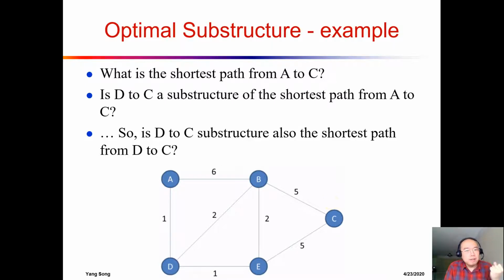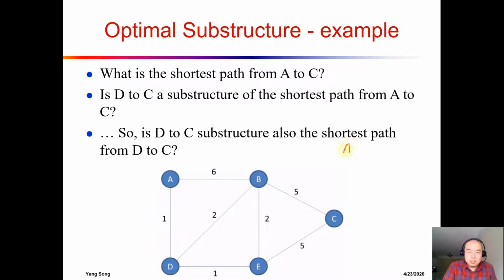That's wrong, because for the shortest path we are worrying about the total weight. By eyeballing, I can see another path, even though there's one more hop, but the total weight is even lower. Do you see that? How about from A to D, D to E, and E to C, right?